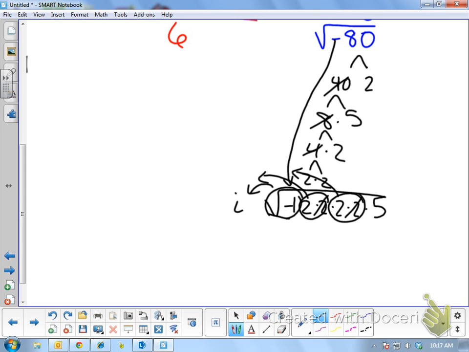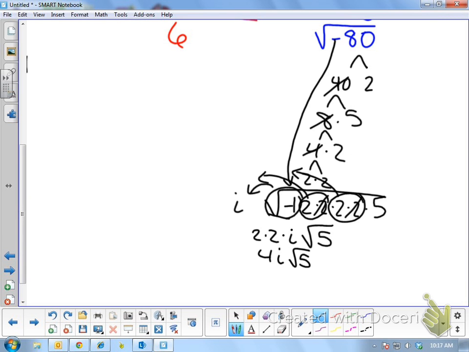So we would get 2 times 2 times i, square root symbol, 5. We got an i because there is a negative. The rest we got because we just did our old school simplification using a factor tree. So we would get 4i square root 5.